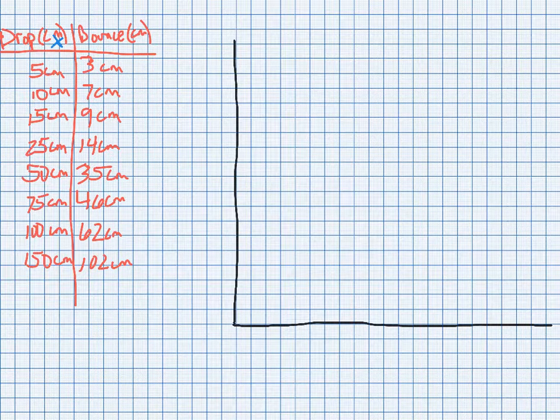And the bounce height is the responding variable, and so it goes on the y-axis. So on our graph, we will put the drop height down here, measured in centimeters. Remember, always have your unit of measure. And then the bounce is going to be on the vertical axis, and that's also measured in centimeters.